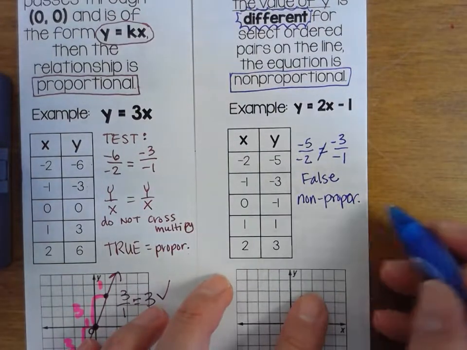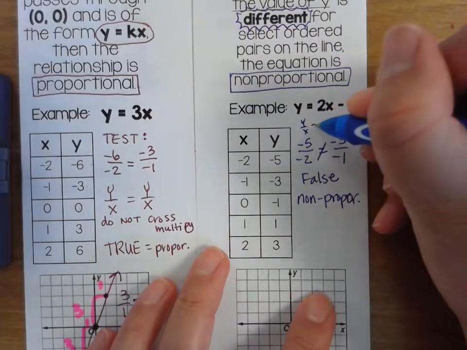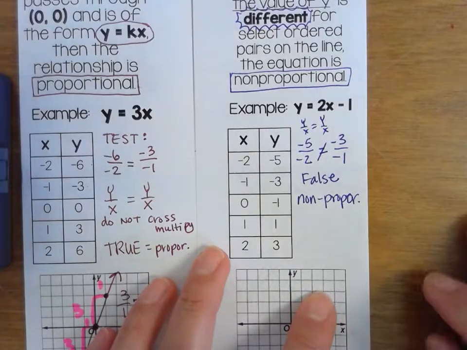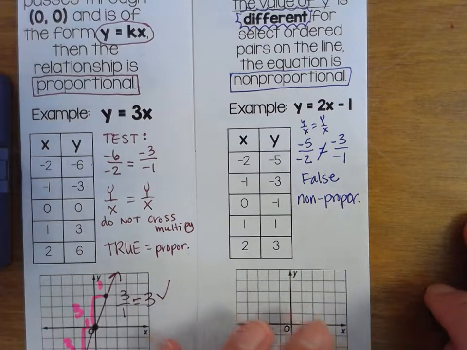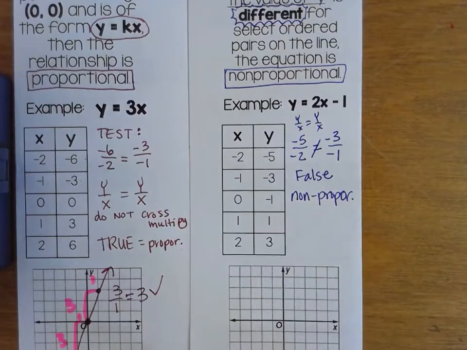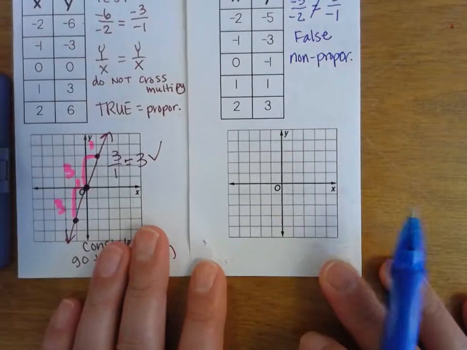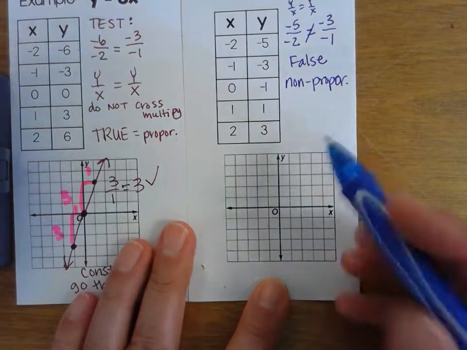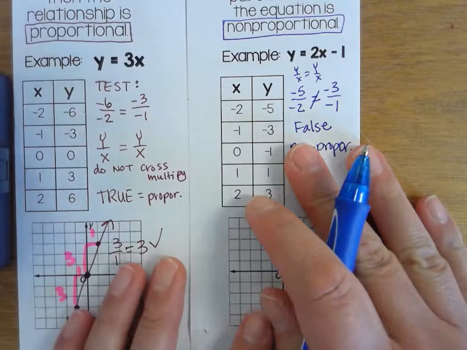And I'm going to abbreviate that again. So I did the y over x test to see if they're proportional with each other. The other thing that I'll notice, so that's if you have a table, if you're looking at a graph, this is going to graph not going through 0, 0. The y-intercept is a negative 1.